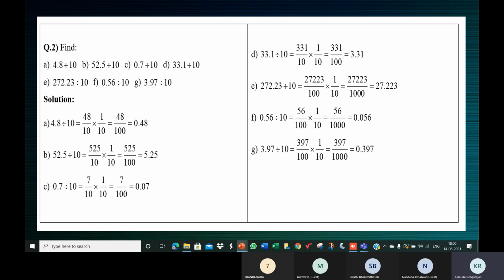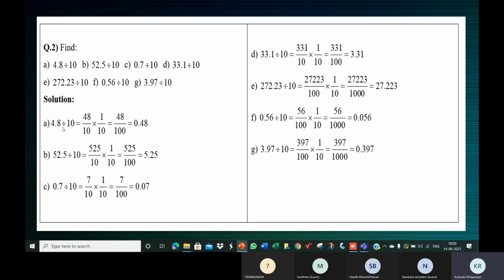But when you multiply 15 into 3, it is 45. The value increases. So you can remember like that. When you're dividing a number by 10, 100, or 1000, the number will become smaller. When you're multiplying, the number becomes larger. So accordingly, you can move the decimal point. If you have a doubt, 4.8 divided by 10, is it 48?